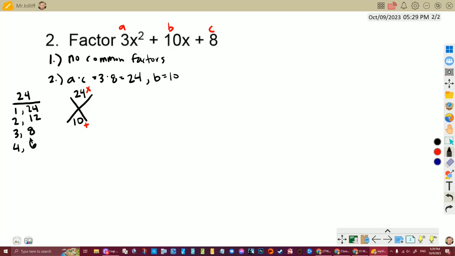And then we're back to our repeats. Because top and bottom are positive, I know these are positive, so I'm adding everything. 1 plus 24 is 25, it's too big. 2 and 12 is 14, it's too big. 3 and 8 is 11, that's too big. 4 and 6 works. 4 plus 6 is 10.